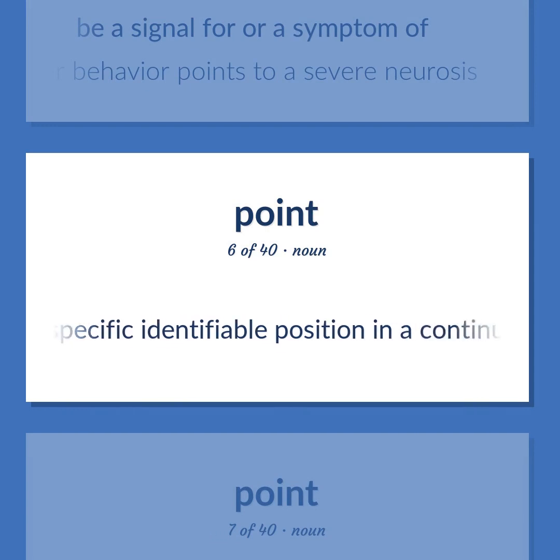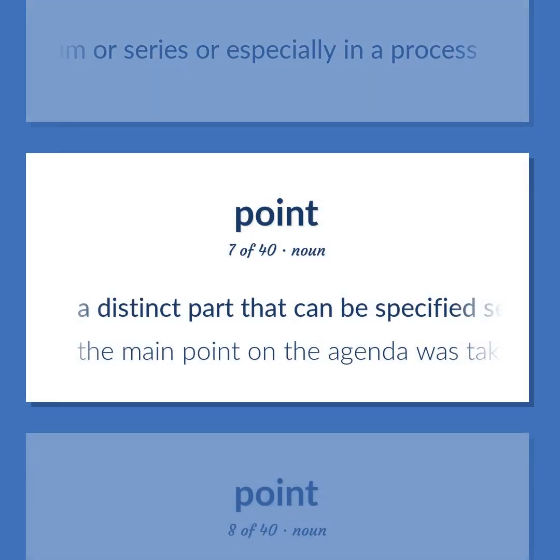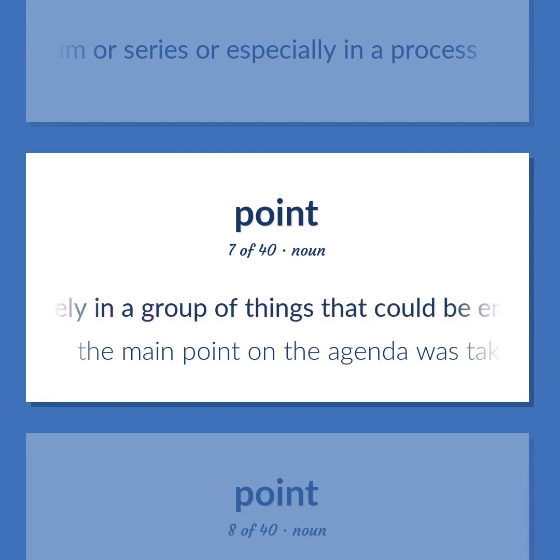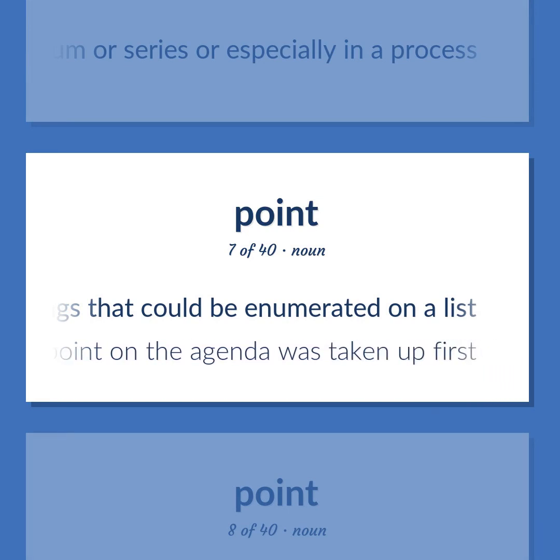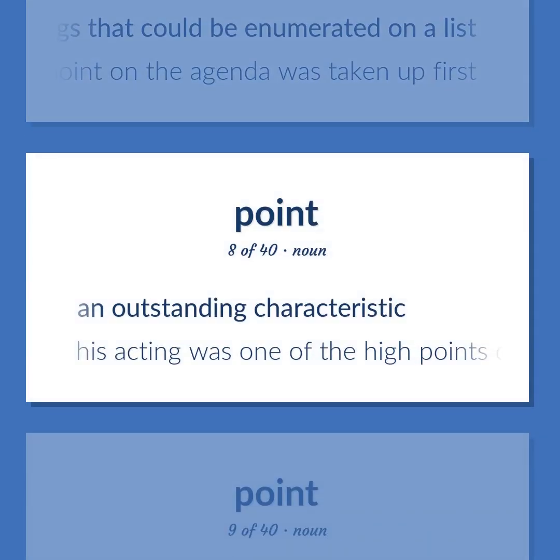A specific identifiable position in a continuum or series or especially in a process. A distinct part that can be specified separately in a group of things that could be enumerated on a list. The main point on the agenda was taken up first. An outstanding characteristic.